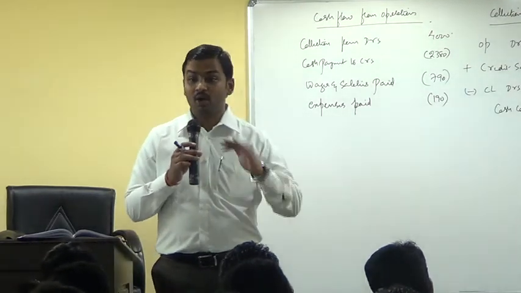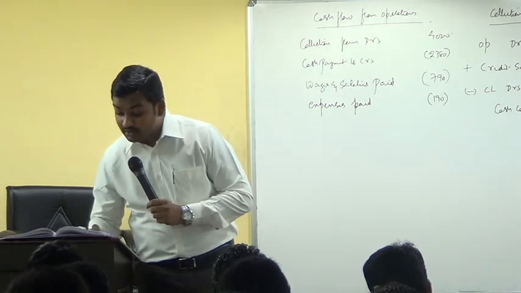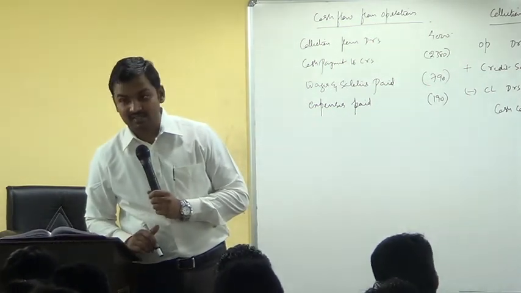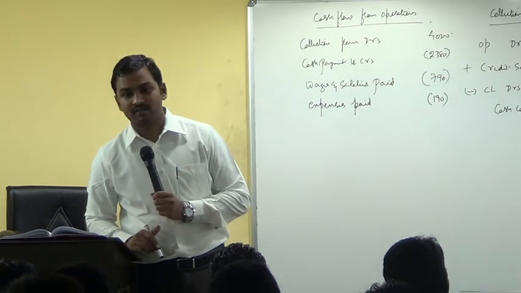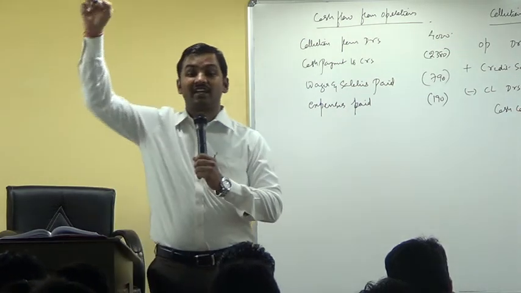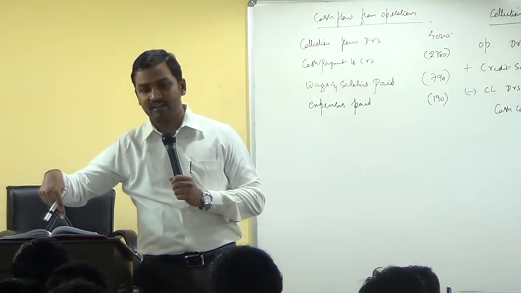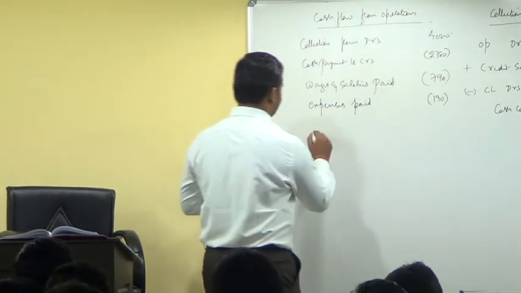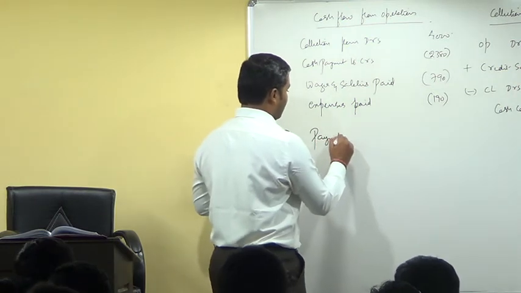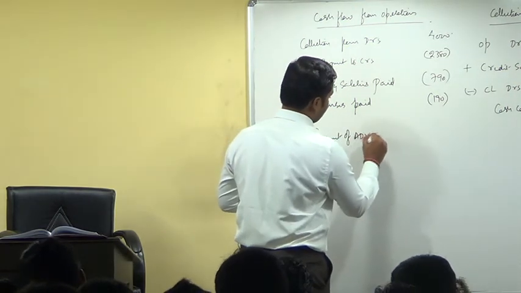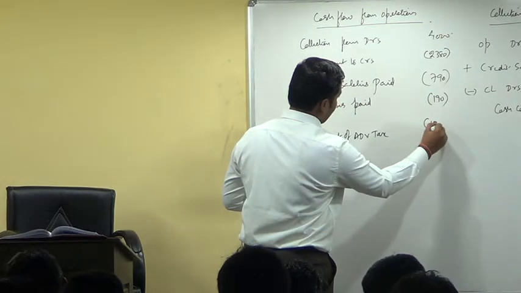You have actually not paid. What have you paid? Turn the page. Advance tax. Last year you paid advance tax of 180. That would have been adjusted against last year's liability. Current year again you have paid advance tax of 195, which is your payment of tax. Payment of advance tax 195.